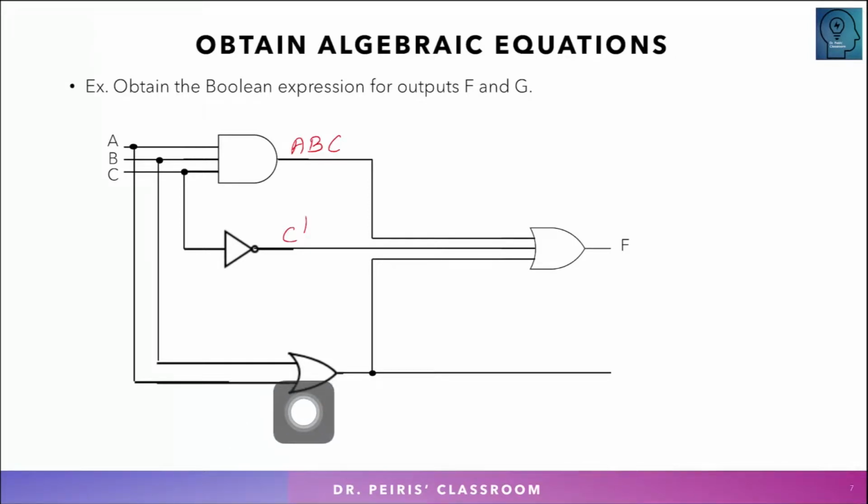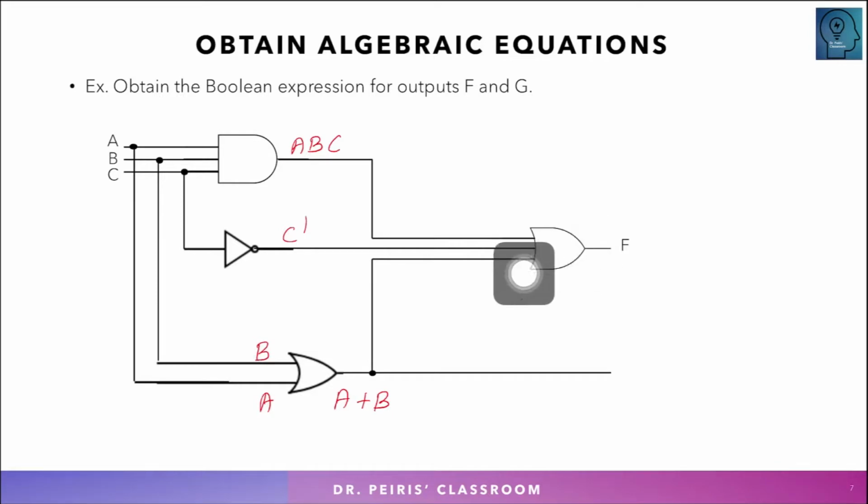And now this is the inverter which is connected to C, which means it is going to be C prime. Now here is the OR, what is connected to it? So this line is connected to B, this is connected to B, and this input is connected to A. So this output is A or B. And what is the output of this OR gate?